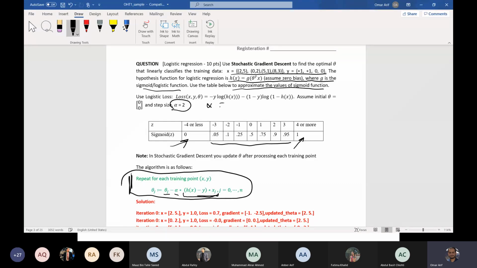Anyway, assume alpha is 0.2. Please do that for only the first two training examples. Basically, I just want an output like this, for just the first two training examples in the first iteration. You have 10 minutes to complete this.